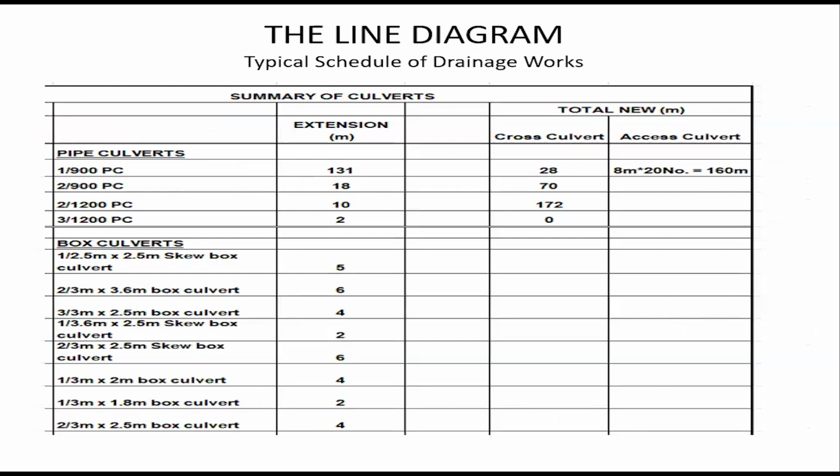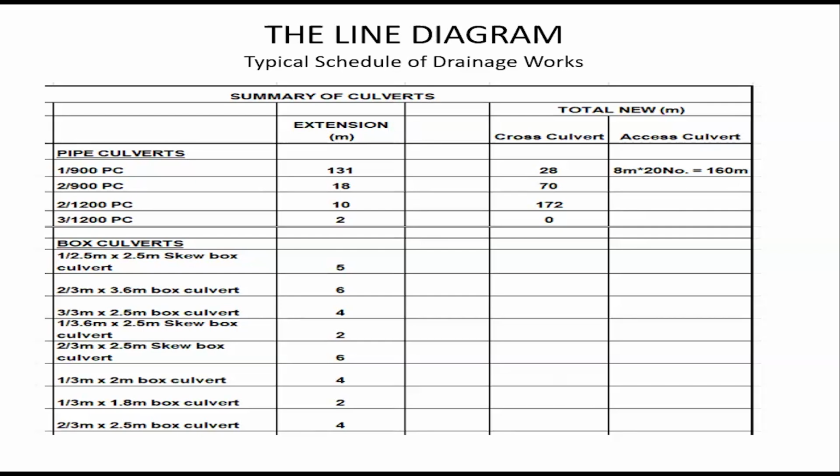So this is the summary of the culvert schedule. When you take, for example, single cell 900 millimeter pipe culvert, the total extension will be 131 meters. That's the total extension of all the single cell 900 millimeter pipe culverts. And for the total new culverts, they are 28.